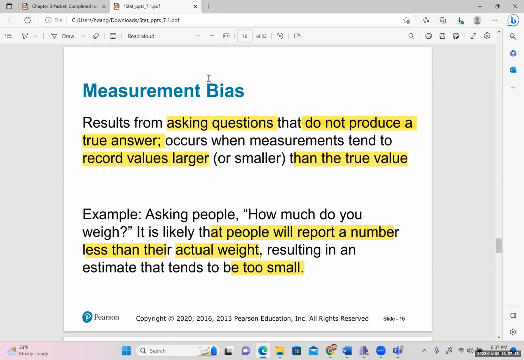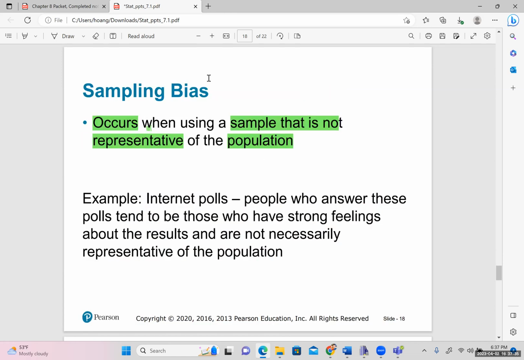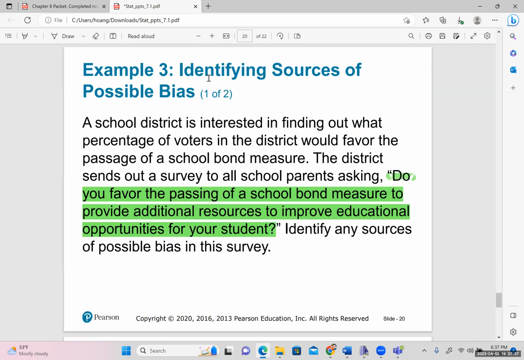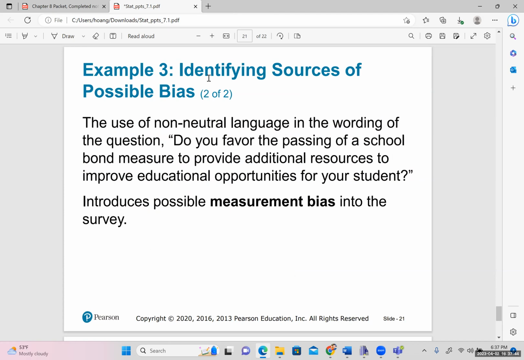When this is asking a question, measurement bias happens with self-reporting, confusing wording or non-neutral language. I have a feeling this has non-neutral language in the question, right? So that could make a measurement bias.